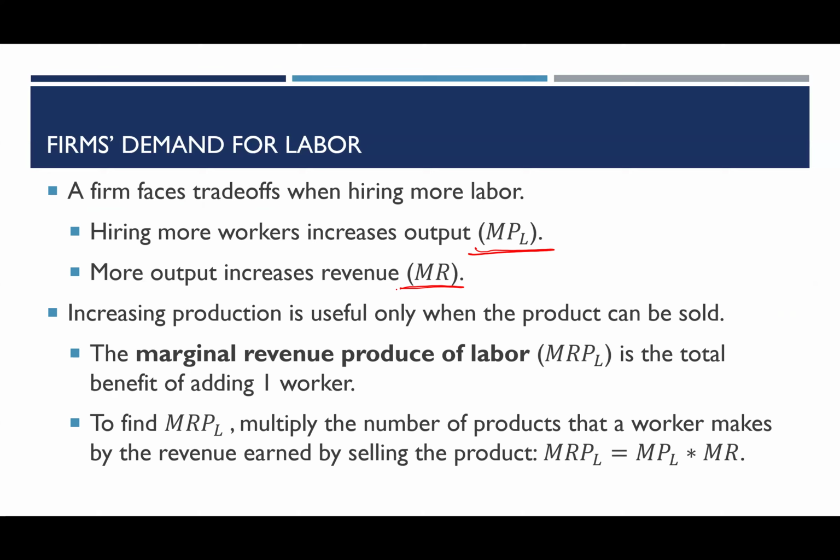Okay. So with these two considerations, we can get what is fundamentally underlying how much labor a firm hires, and that's the marginal revenue product of labor. It's going to be for the firm the total benefit of adding one additional worker to their workforce.